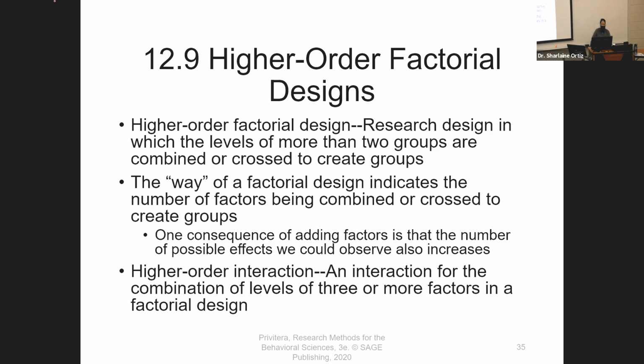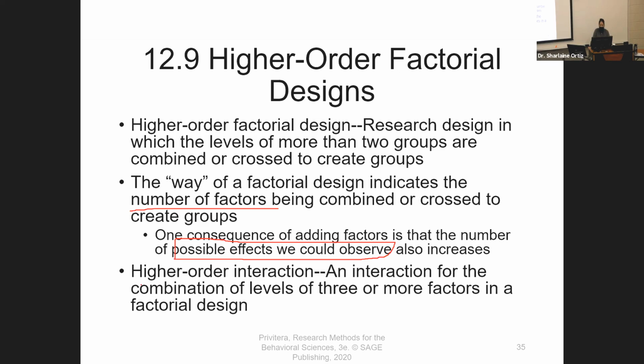Notice that one consequence of having to add multiple factors is that not only are we increasing the number of factors, but inherently, we are also increasing the number of possible effects that we could ever observe.